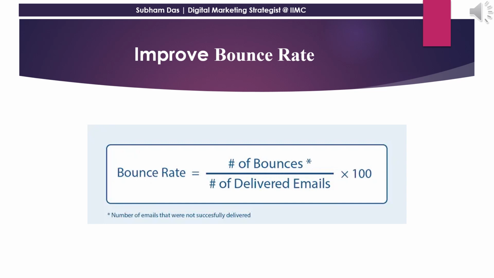The first thing is, bounce rate is given by the formula, it's already there. You track bounce rate on a monthly basis. Some of the factors behind a high bounce rate: maybe you are sending email to inconsistent or incorrect email addresses.